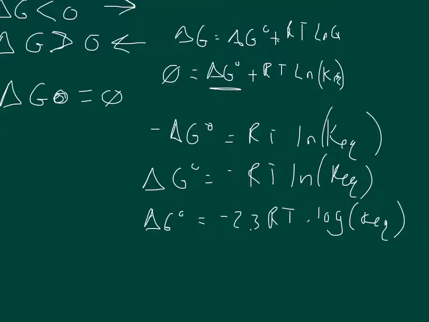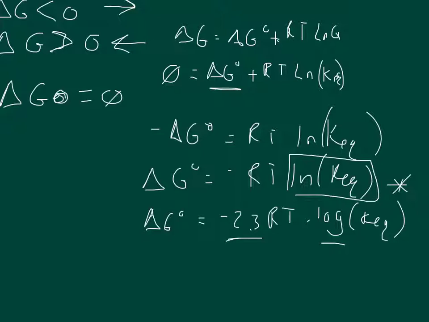A lot of times people do this because log 10 is easier to calculate and easier to think about without a calculator. But with a calculator, it doesn't make a difference which one you use, and I think that this is just a little bit easier to remember because you don't have to remember an extra constant.